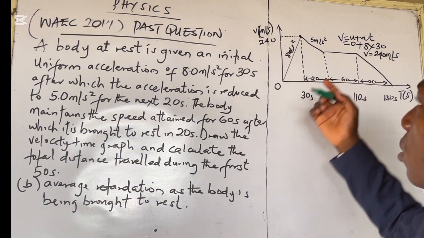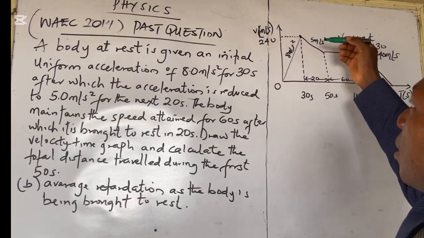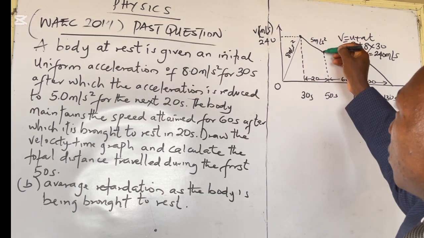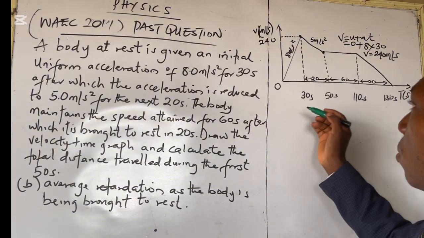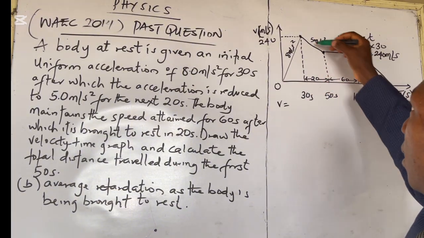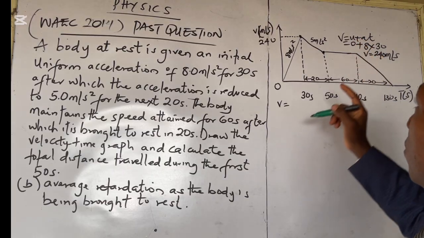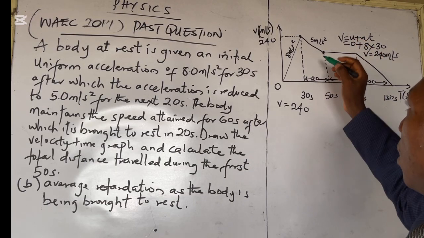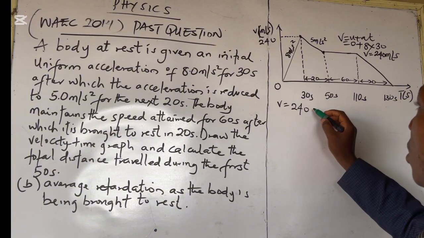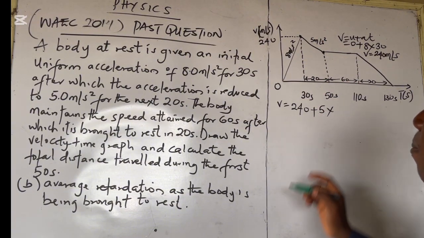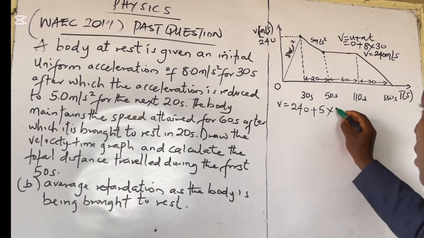Apart from that, we also need the velocity after the retardation. So this velocity here. So we have V equals, from here now, our initial velocity again will now be 240. Our acceleration for this is 5, and our time at that point is 20.